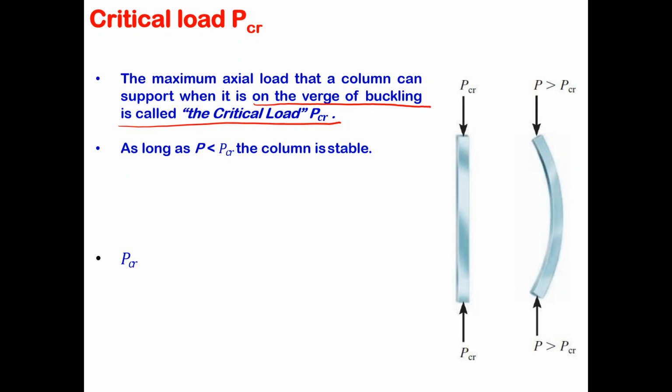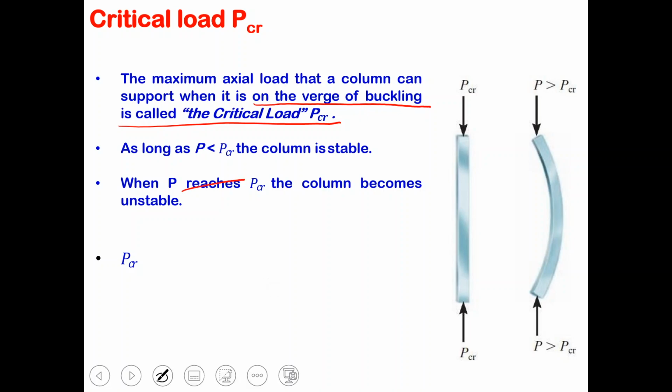And as long as P is smaller than the critical load, your column is going to be stable. When P becomes greater than the critical load, the column becomes unstable.